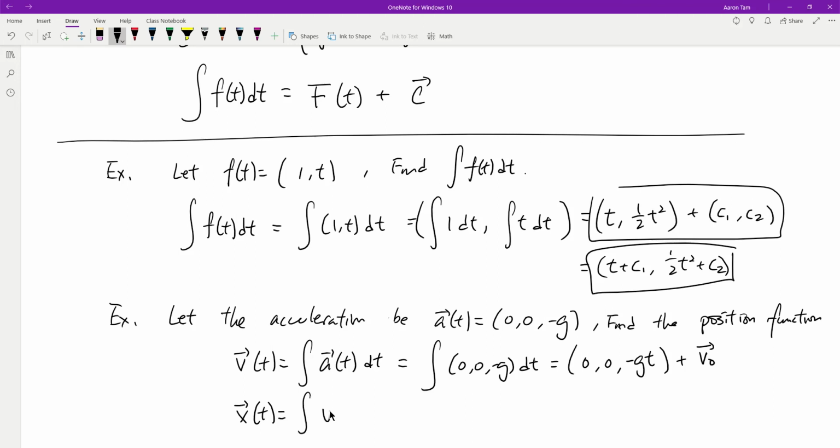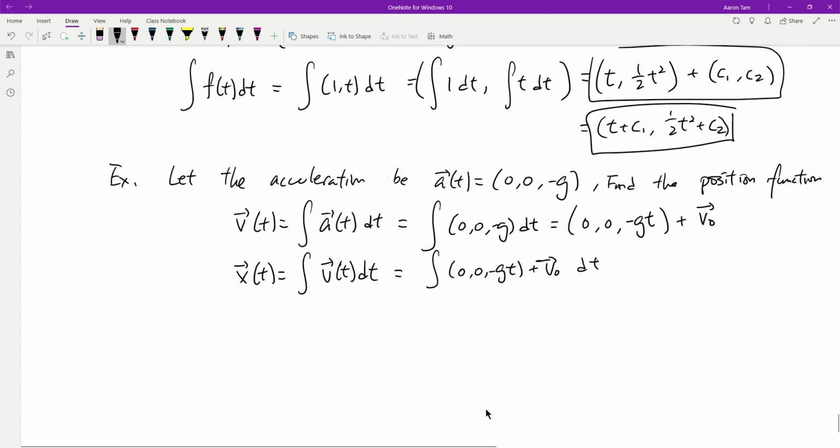Now what I'm going to do is find the position vector x of t, which is the integral of vector v of t dt. So that will be the integral of 0, 0, negative gt plus vector v sub 0 dt. What would that come out to be? Actually pretty simple. The integral of 0, 0 will still be 0, 0.